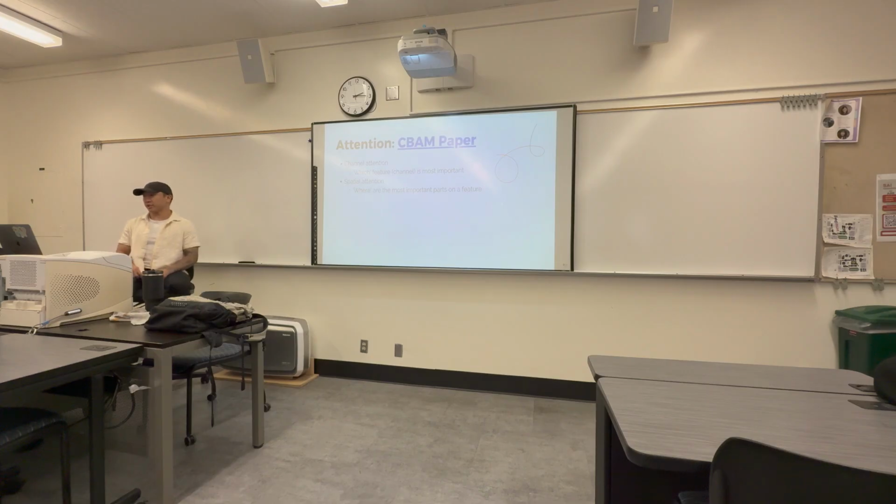It takes two things, a channel and a spatial attention. Channel is which feature or which channel is important, and then spatial, where on this channel or where in this matrix, height by width, are the most important parts. If that makes no sense at all, don't worry, we'll be doing a deep dive for these.